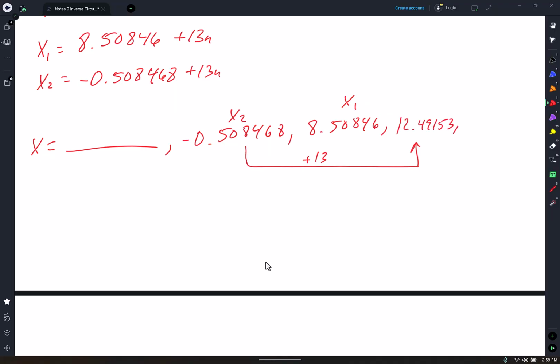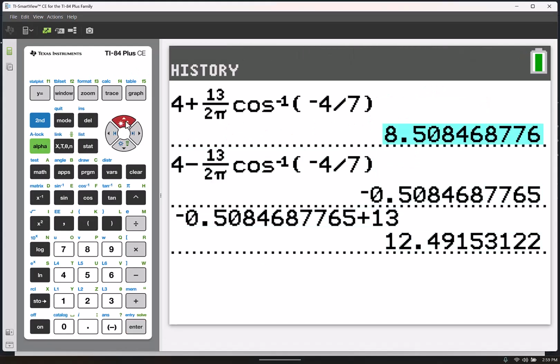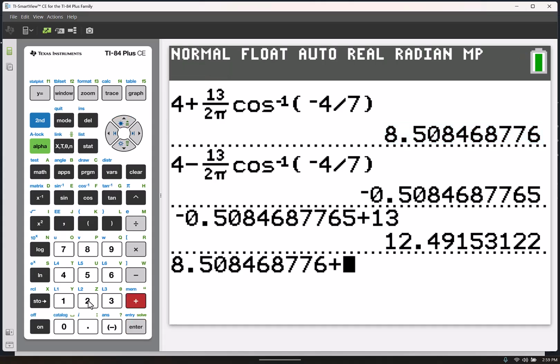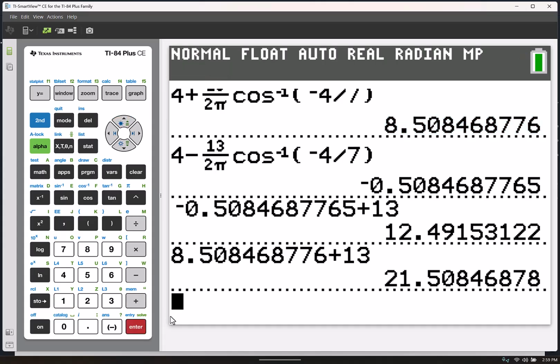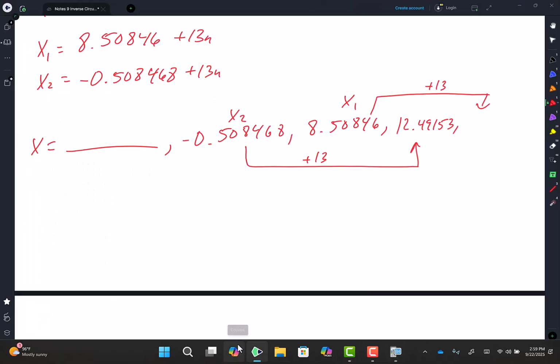12.49153, comma. The next one comes from the 8.508 plus 13. So I'm going to scroll up to the 8.508. Enter plus 13. 21.508468. I know we're truncating. If we round it, that 8 should have been a 9.